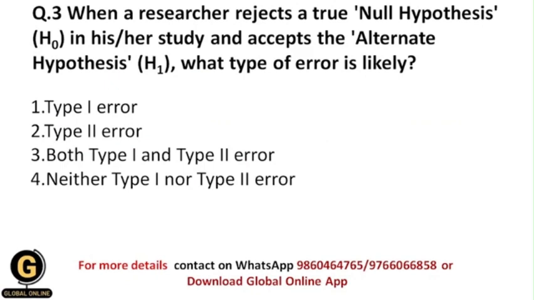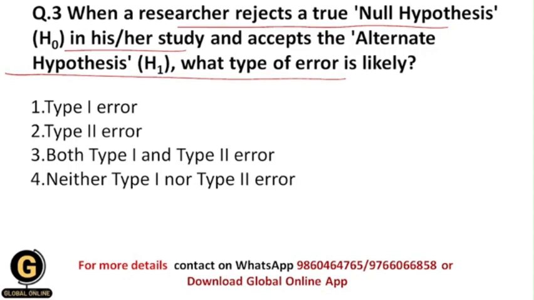Okay. When a researcher rejects a true null hypothesis in his or her study and accepts the alternative hypothesis, what type of error is likely? So whenever a researcher rejects a true null hypothesis and accepts the alternative hypothesis, then what type of error will occur?